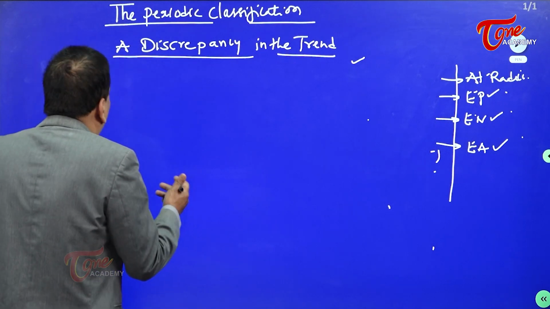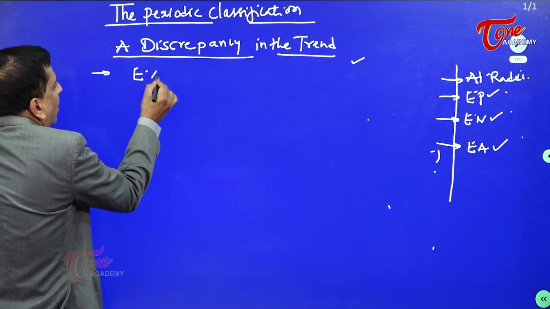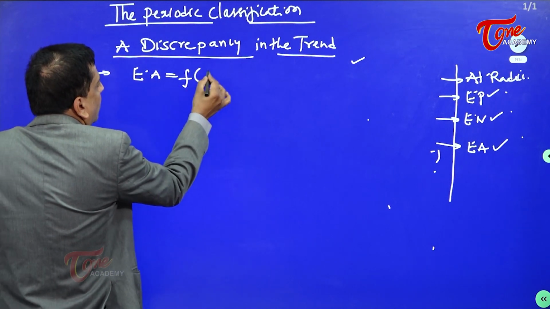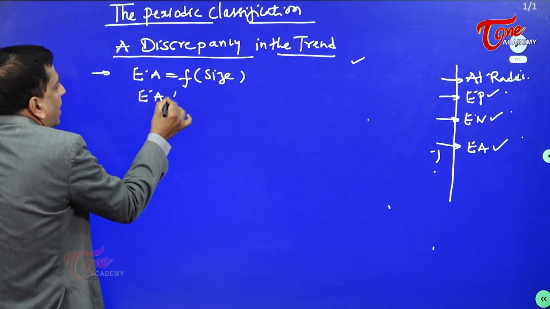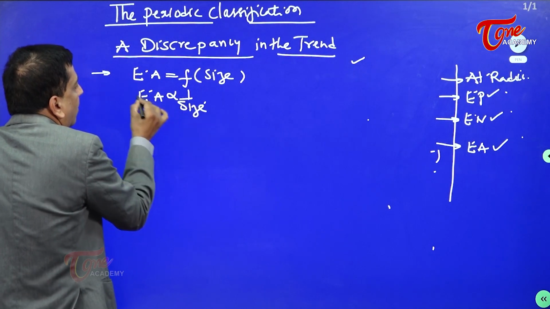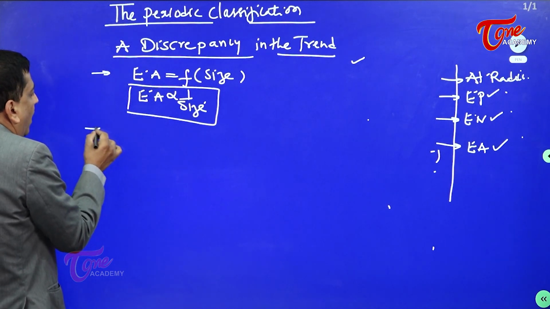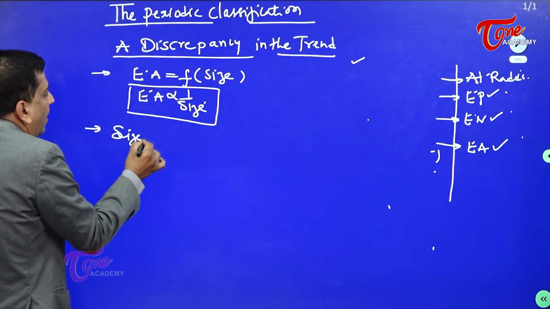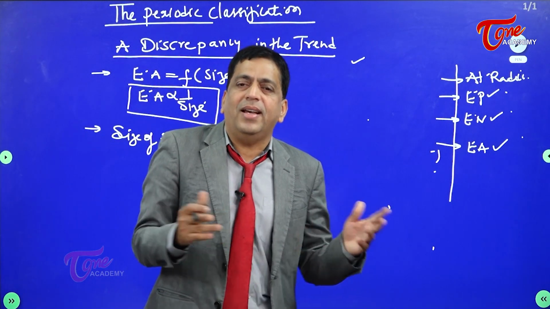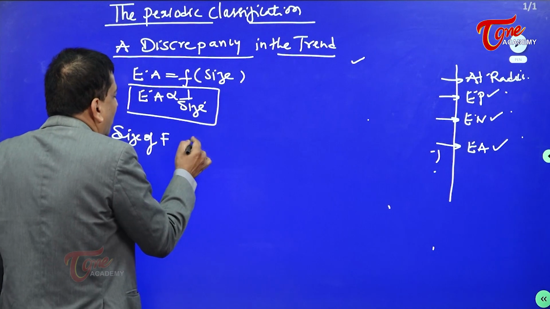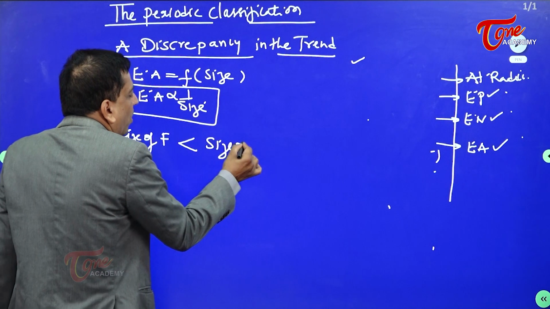What is the discrepancy? Well, it was said that electron affinity is a function of size. In fact, people told me that electron affinity is inversely related to size. This is the truth. If this is the case, then the size of fluorine is lesser than the size of chlorine in the 7th group.